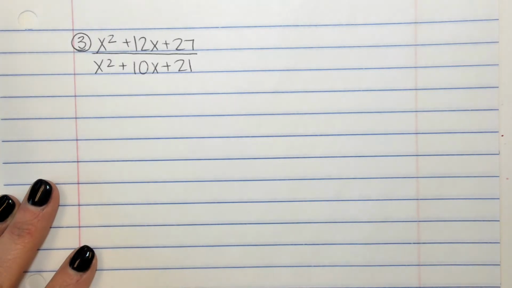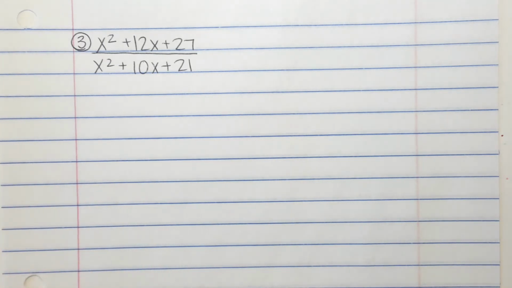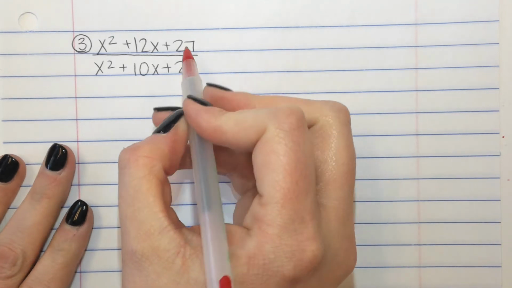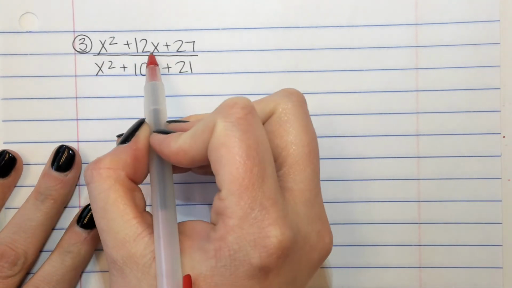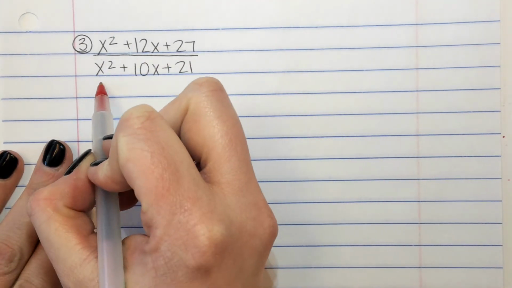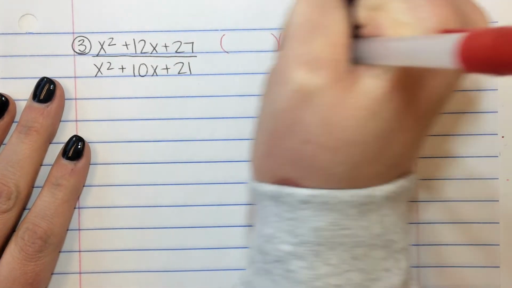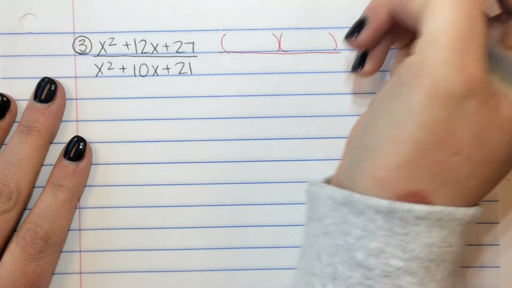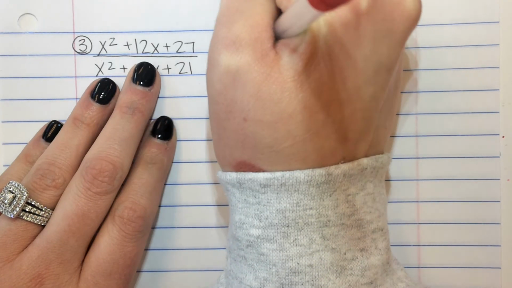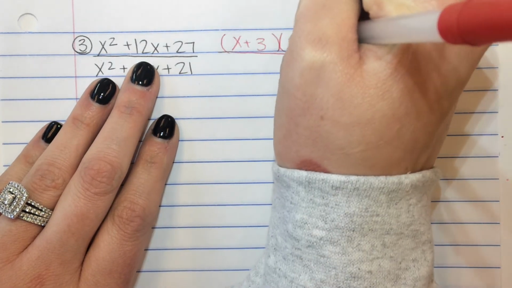Okay, now we're just going to work out some more examples just so you can see what I'm doing, and you can practice these along with me. I highly recommend that you try a couple before you do them yourself in Math Excel. All right, so we have x squared plus 12x plus 27 over x squared plus 10x plus 21. So I'm going to factor the top and bottom. So the top, I'm going to do x plus 3, x plus 9.